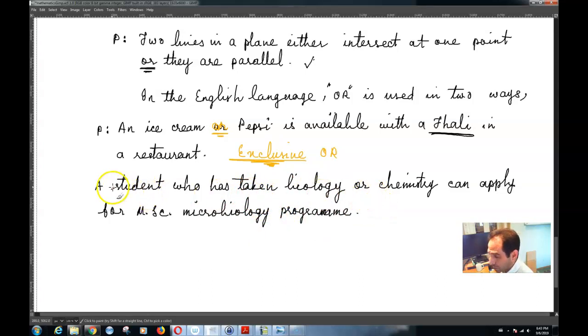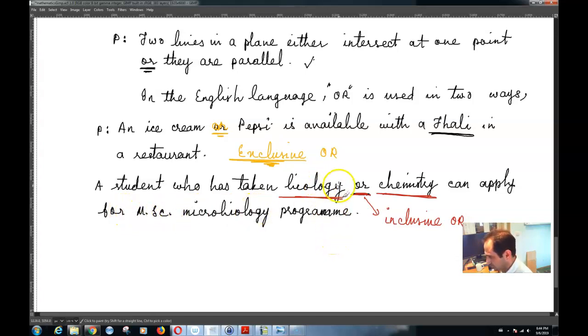Now the point over here is that you have an OR, and this OR in this case is called an inclusive OR. So the statement is that a student who has taken biology or chemistry can apply for the MSc Microbiology Program.